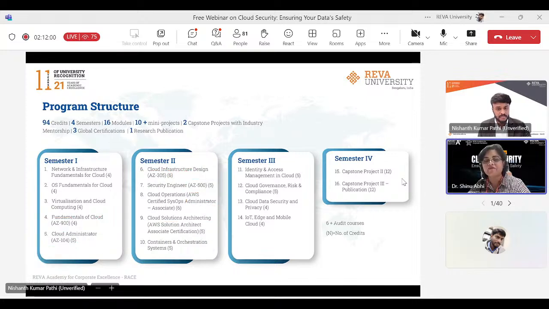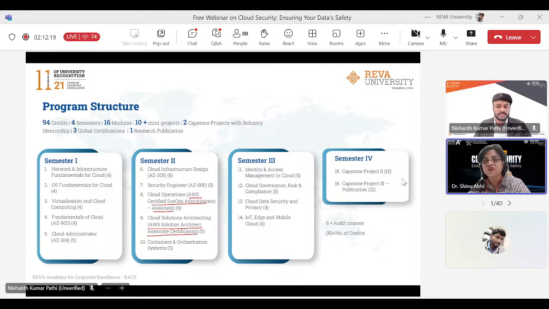So you can get an excellent understanding of setting up, administrating, operating, and design of the cloud. Similarly, in the AWS track, certified SysOps and then architecting, that means the administration as well as the design part, have been covered.